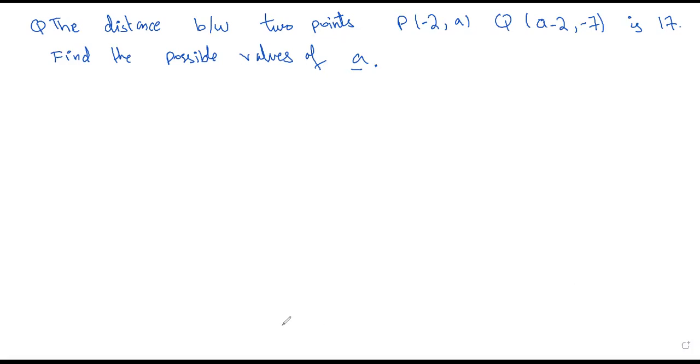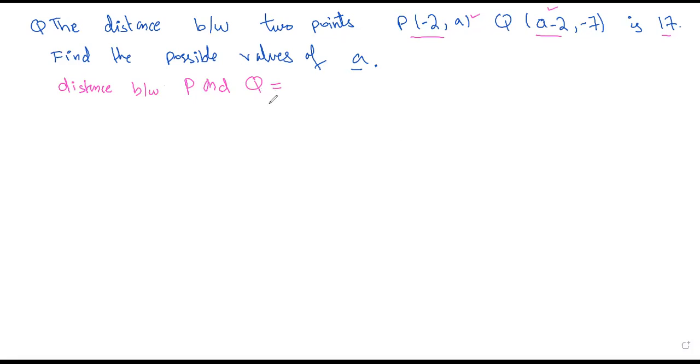Okay, let's do it together now. So, what is the question? The question is that the distance between these 2 points is 17. We need to find the possible values of A. Since we know that the distance between these 2 points is 17, I can write it as the distance between P and Q is basically equal to the length of line segment PQ, right?